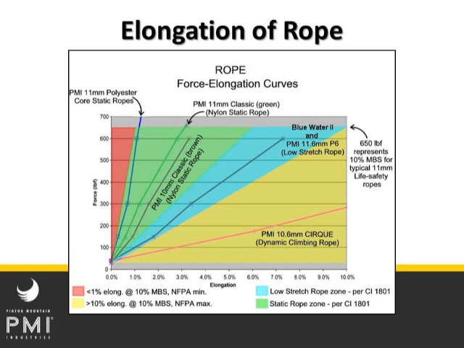Just a side note to some of you who may not realize this, but even though there are dynamic ropes out there that are rated for X number of falls, those are all rated around an 80 kg climber, 176 pounds, I think that is. Most fire service guys with all their gear are probably more than 176 pounds.